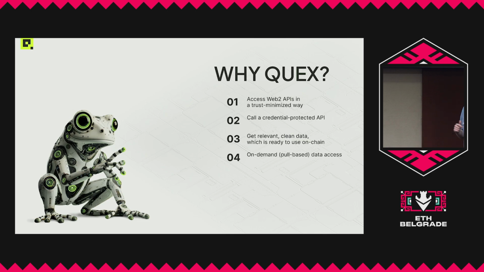And we also provide on-demand or pool-based models, a request-callback model, where you can ask for data whenever you need it, not wasting gas on periodic delivery of the data.